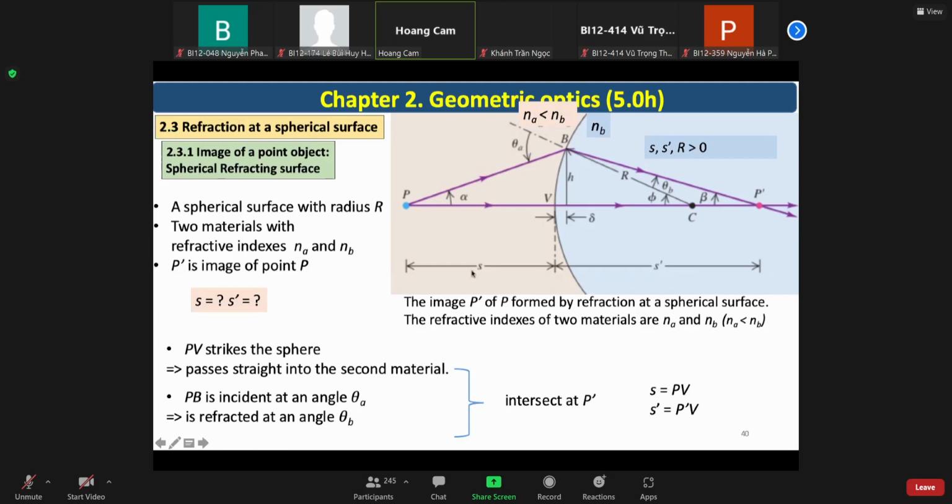The object distance S equals PV, the distance from the object point to the vertex of the spherical surface, which is not a mirror anymore but a spherical refracting surface. S prime is the image distance, the distance from P prime to the vertex, or P prime V.